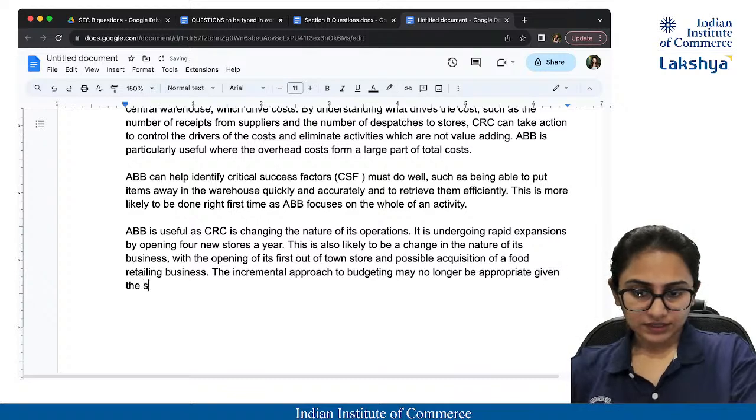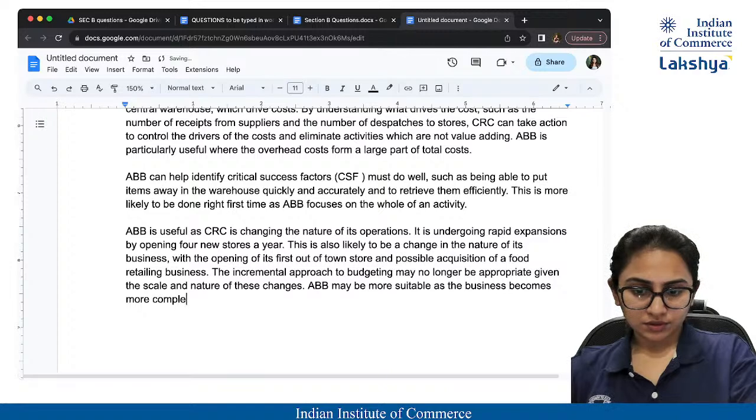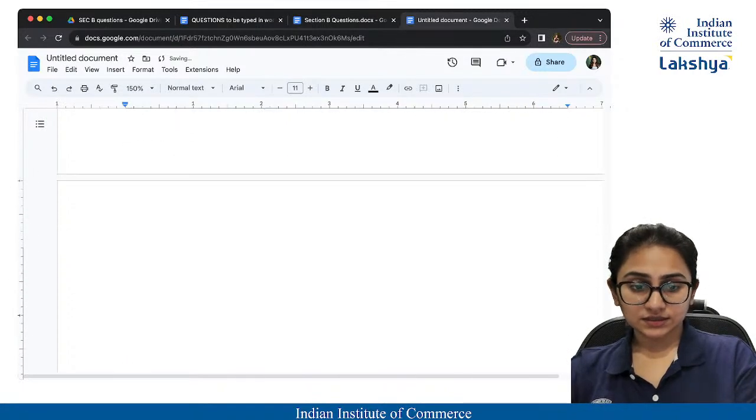Given the scale and nature of these changes, ABB may be more suitable as the business becomes more complex.